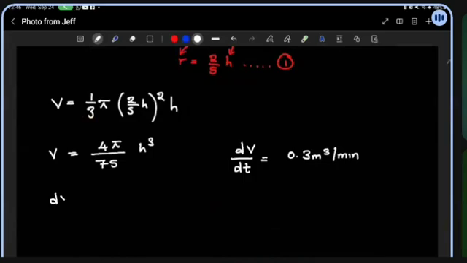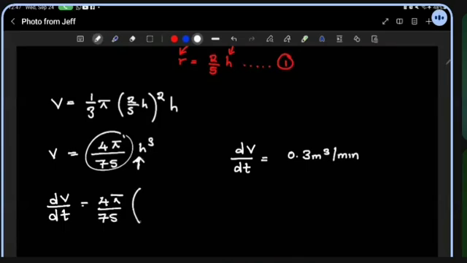When you differentiate the volume with respect to time, now that we only have one variable, which simplifies our work here, we'll differentiate. This whole part is a constant, 4 pi over 75. When we differentiate the h to the power 3, since it's also a function of time, we'll differentiate it implicitly.